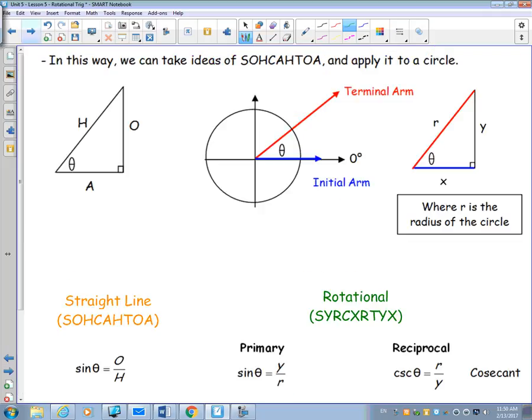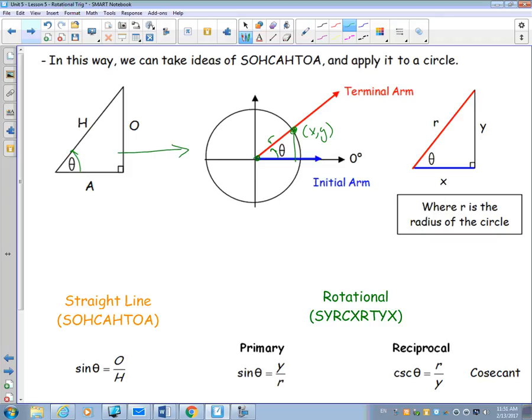Okay, so what we're going to do is take the ideas of SOHCAHTOA and apply it to the circle. So in SOHCAHTOA, we have an angle in the bottom left corner here, opposite, adjacent, hypotenuse. If we draw that onto our circle, we end up with still the same angle, bottom left corner, but now we have ourselves a triangle at some point x and y, and we know that this distance from the center out to that point is called our radius.